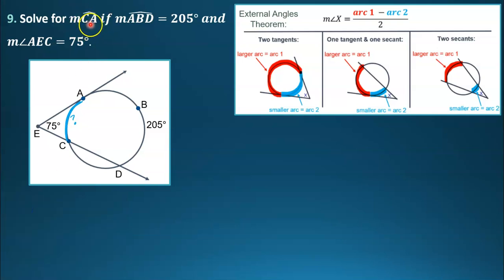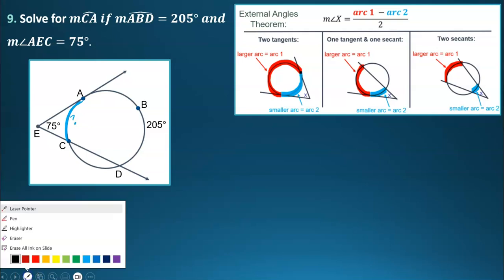We're going to solve for measure of arc CA, that's here, correctly labeled. If measure of arc ABD, so that's A, the name is always like a roadmap, just follow the letters. A to B to D, here to here to here, is 205 degrees, and the measure of angle AEC is 75. We've got two arcs and an angle here that are involved.